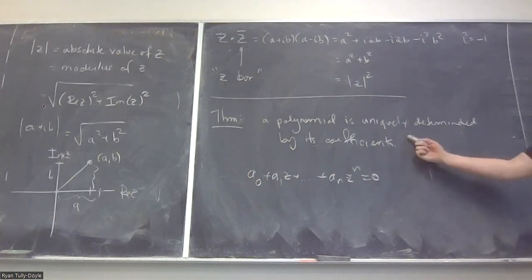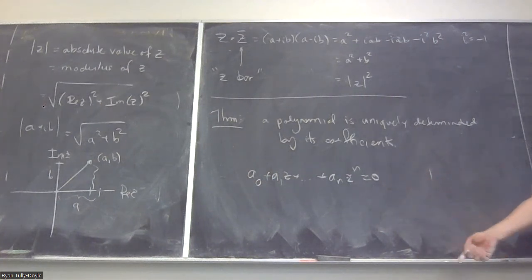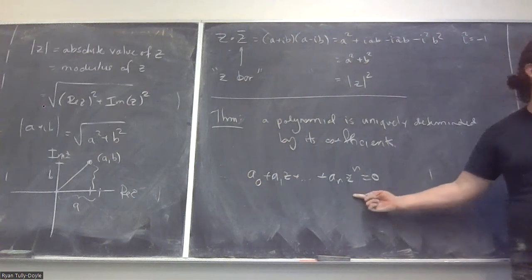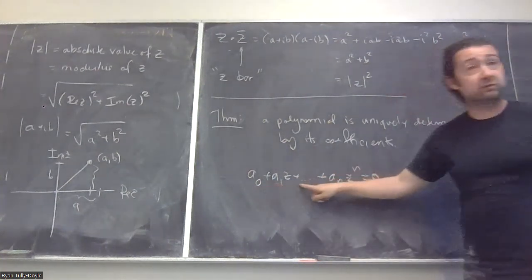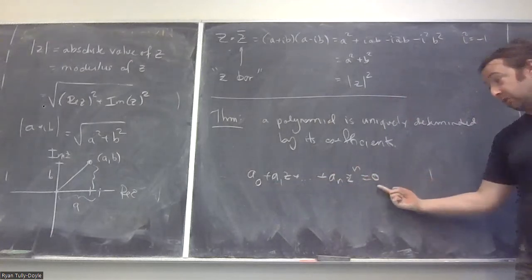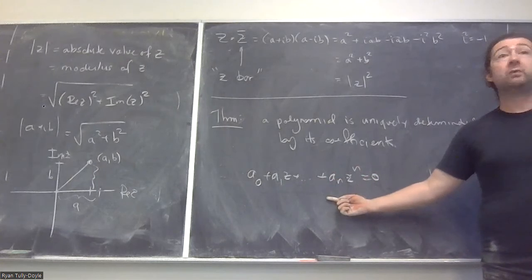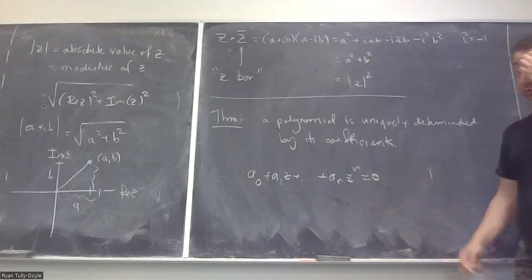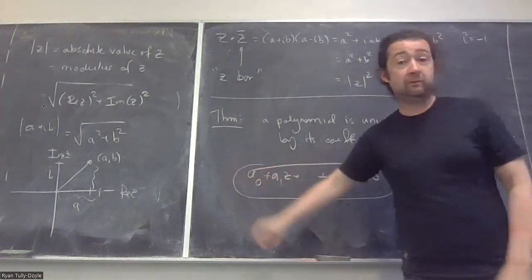So we can prove this by asserting that since 1 through z to the n are a linearly independent set, a basis for Pn, the only way this equation can be true is if all of these coefficients are 0. So the zero polynomial is uniquely determined, which means every other polynomial is too. The argument for this runs through the assertion that this equation must have a unique solution.